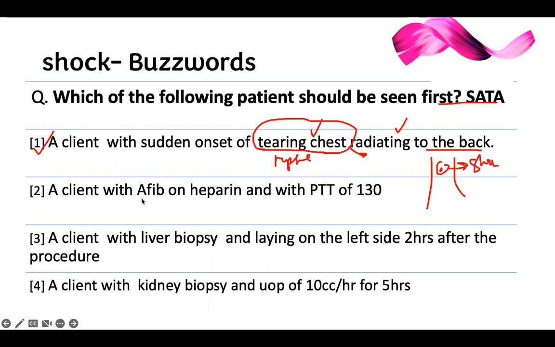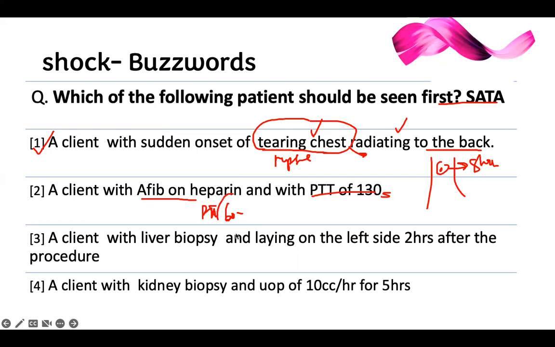A client with AFib on heparin and a PTT of 130 seconds. You know that your PTT should be 60, right? It shouldn't go past 100. I mean, usually you multiply the control by 2 to 2.5.